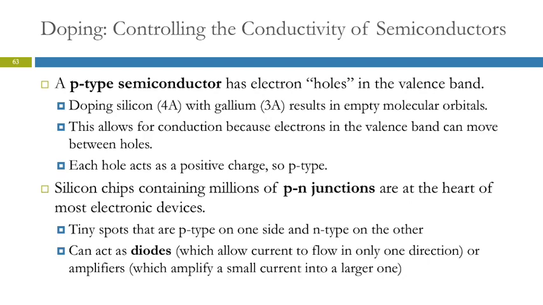A diode is something that allows current to flow in only one direction, or they can act as amplifiers, which take a very small current and amplify it into a large current, and that gets into a whole other area of electronics. But material science is pretty important there, because back in the 70s, even a computer that occupied the size of the basement of this building couldn't do a small portion of what your cell phone can do, and it fits in your pocket. It's really pretty amazing.